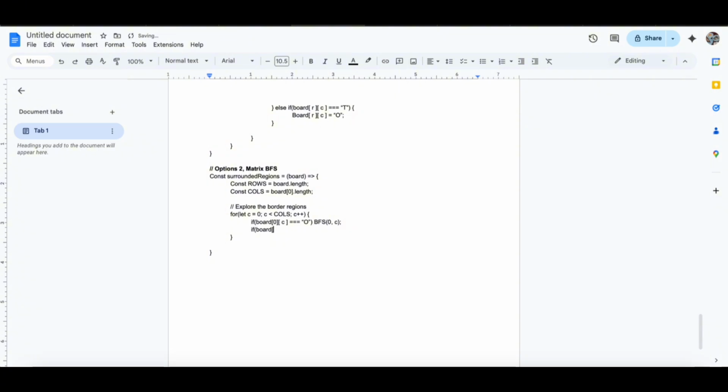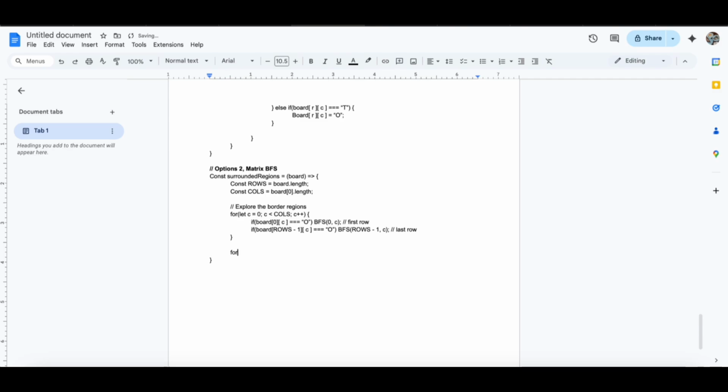Then this one is last row, right? We need to do BFS rows minus 1, then column. Okay, this one is first row, this one is last row.